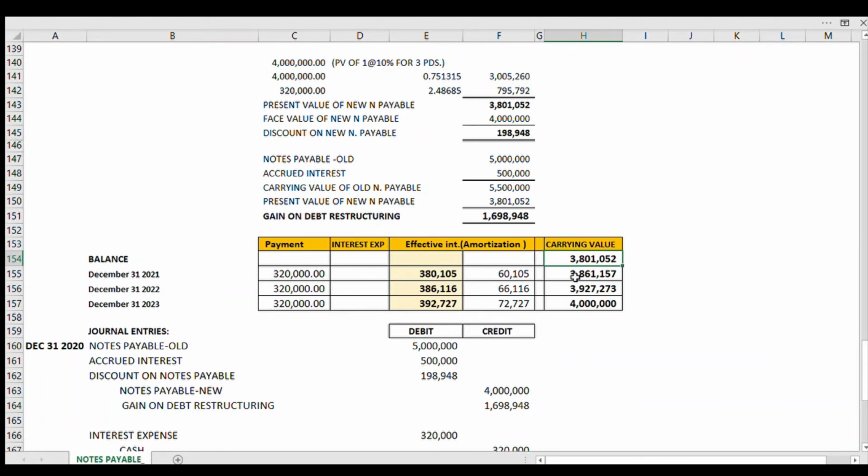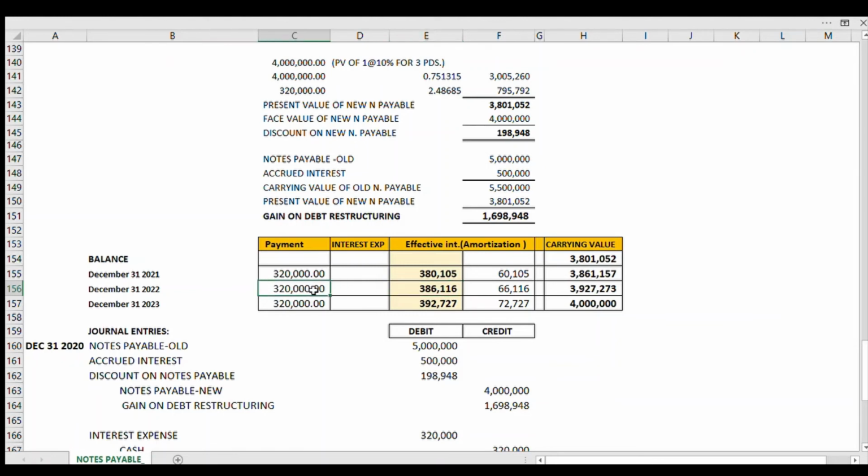So, magbabayad siya ng interest, and the recognition of the effective rate of interest, that is 380,105. The difference between the payment of 320, that is the actual payment, and the recognition of effective interest, the difference is 60,105. That's going to be the amortization. Okay, netted. That goes to second year, no, 3,861,157 times 10%, no.